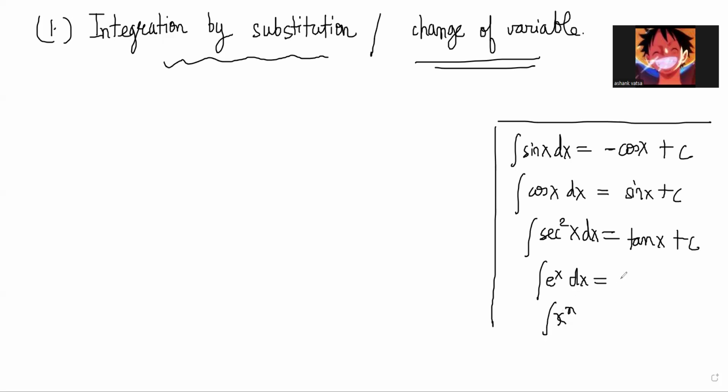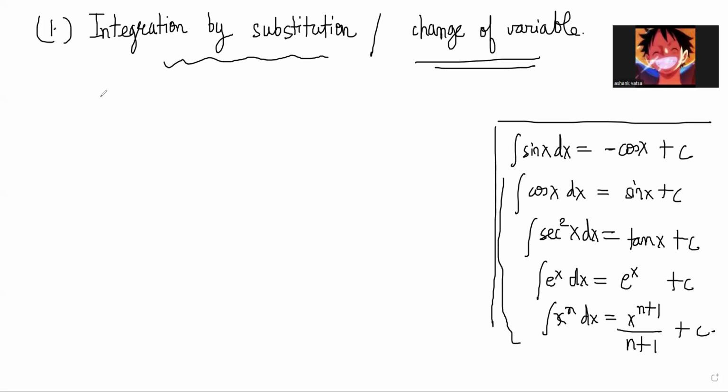Those basic formulas will be used in order to calculate new integrals.